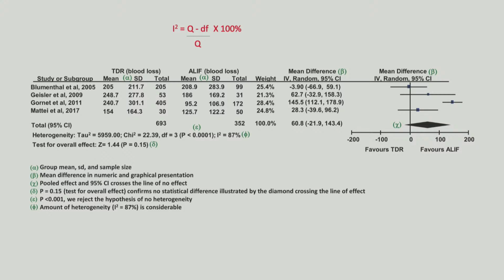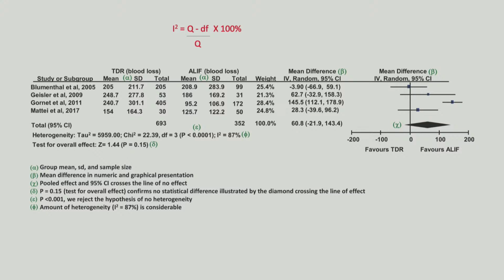But then the final diamond, which is the actual outcome, which represents the Z value, is the one which has to be seen. And even if you don't see the diamond and you see the top three graphs, the lines are crossing the line of no effect, which means that 3 studies out of 4 say that the outcome can be anything.